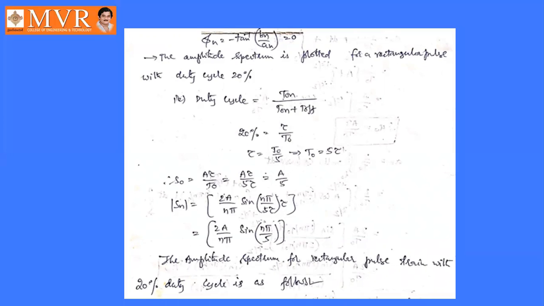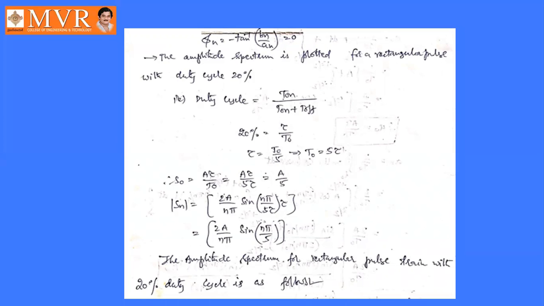So tau equal to T naught by 5, or T naught will become 5 tau. Substitute 5 tau in place of T naught. So A tau by 5 tau, s naught is equal to A by 5. And similarly Sn equal to 2A by n pi sin n pi tau by 5 tau, or it will become sin n pi by 5.